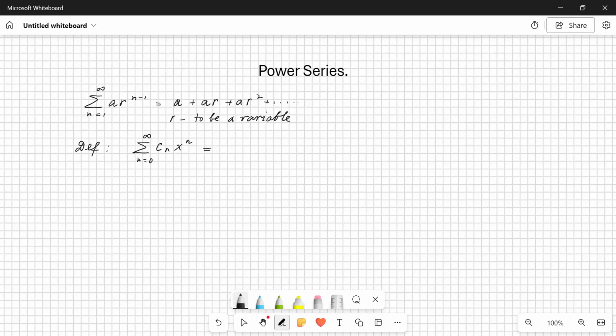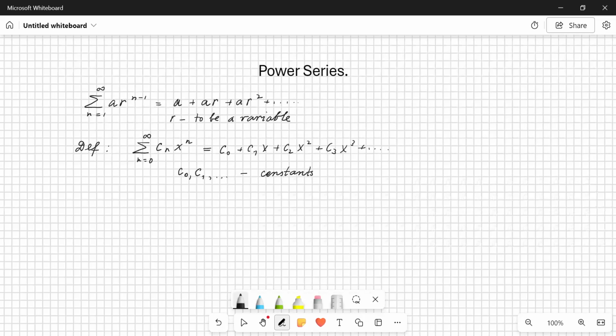And it's going to look like c0, c1 x, c2 x squared, c3 x cubed, and so on. What are going to be the c's over here? For geometric series, the coefficient is always the same. That's a. Here, we allow the coefficient to take different values. So c0, c1, and so on are just constants.